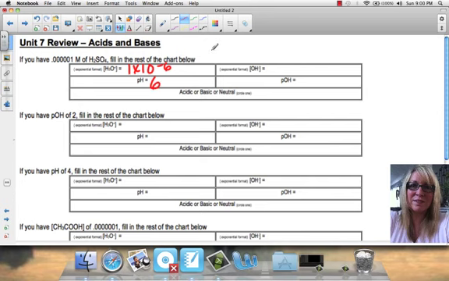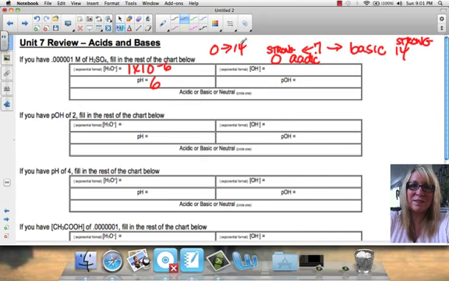Remember that the pH scale goes from 0 to 14. So less than 7 is acidic, and greater than 7 is basic, and 7 is neutral. The closer you are to 0, the stronger the acid, and the closer you are to 14, the stronger the base.